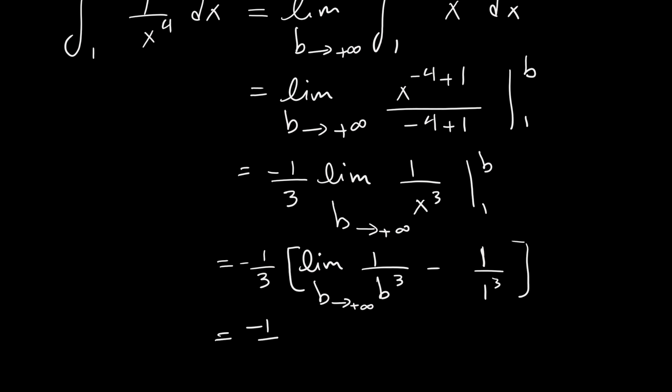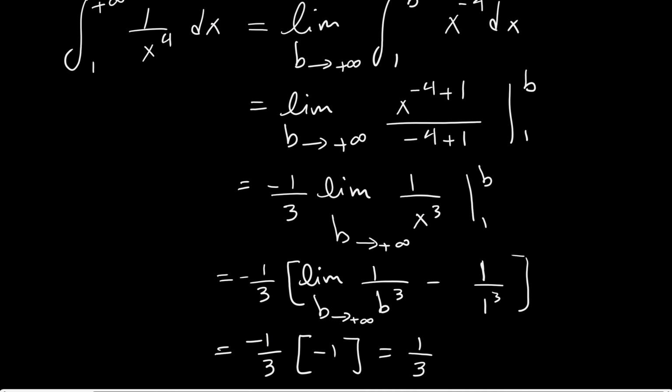So here the answer is, if b is infinity, b to power 3 is infinity, 1 over infinity is 0. So this part is 0, minus 1 is negative 1, and the final answer is positive 1/3.